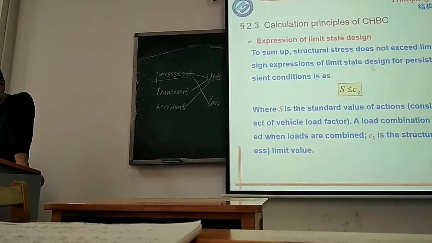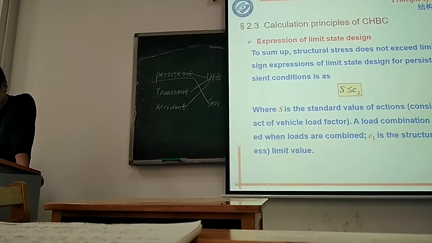The design expression of the limit state design for the transient condition is just the same like this. Where S is the standard value of action, considering the important impact of the recall load factor. The load combination is not considered when loading the component. C is the stress function. It is a mistake to write C as C1.